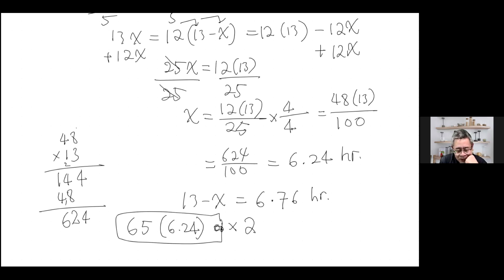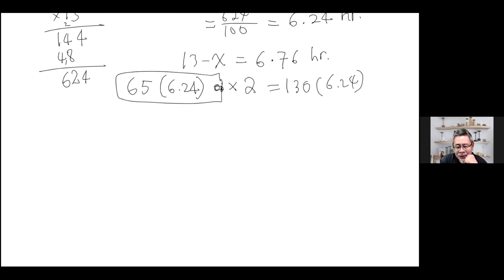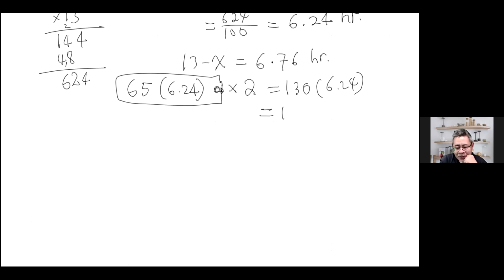So 2 times 65 is 130, times 6.24. Now you can see that it's a lot easier. So basically, this is just 13 times 62.4.